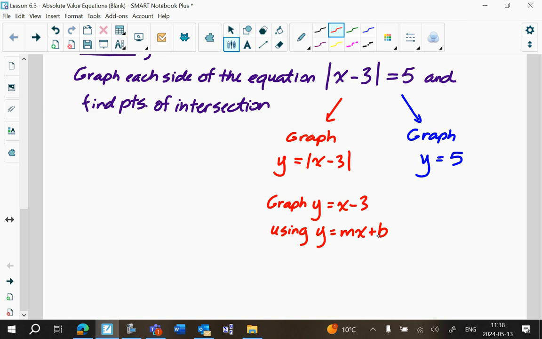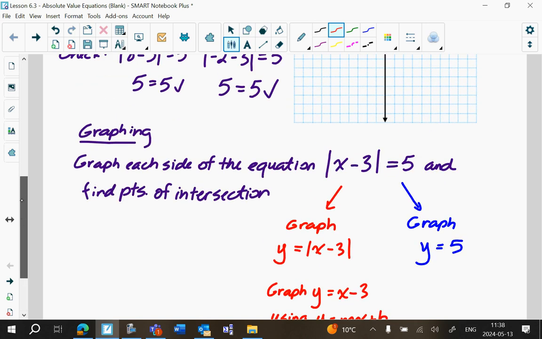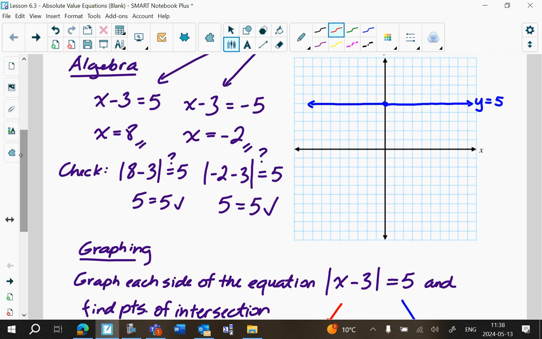What is the y-intercept of this line? -3. What is the slope as a fraction? 1, but as a fraction, because we're going to do rise over run, 1 over 1. So this is 1 over 1. This is -3. So we graph -3, and then we go up 1, because it's 1 over 1, and to the right 1, and try and be as accurate as possible.